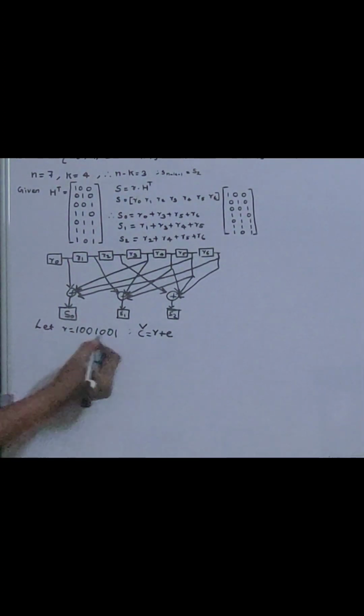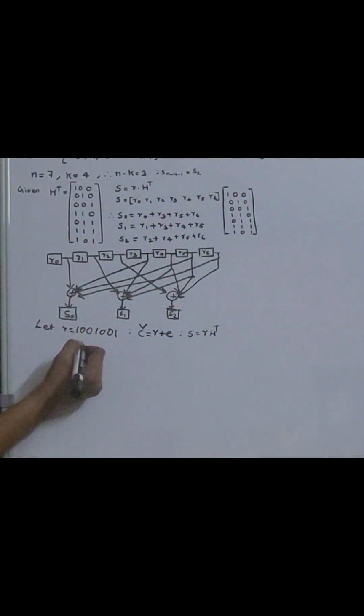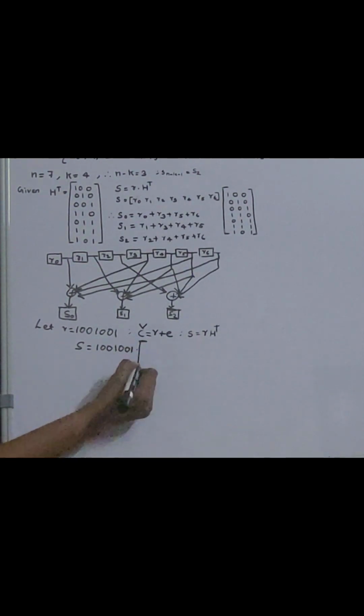So the equation for syndrome is S is equal to R into H transpose. So we have S is equal to R, 1 0 0 1 0 0 1, into H transpose.